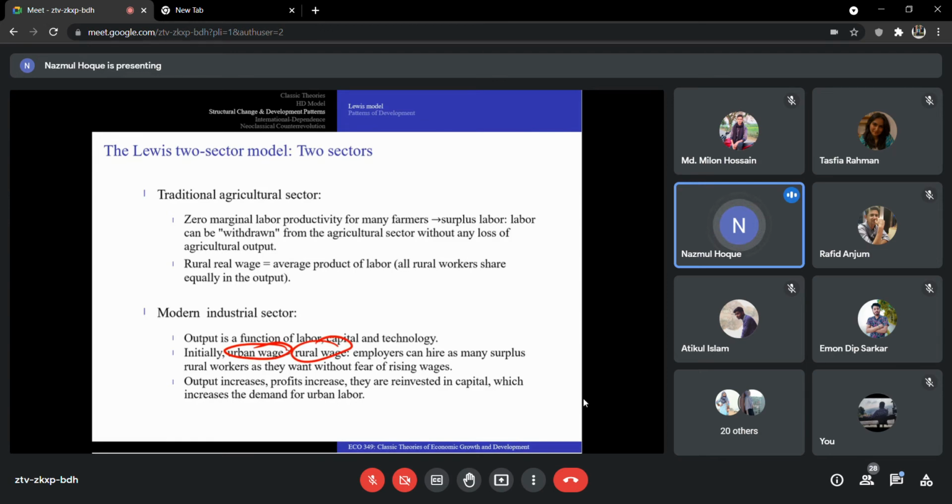Since the urban wage rate is higher, employers can hire as many workers as they want from the rural sector, and workers from the rural sector would be willing to work for this urban employer because the wage rate is higher in the urban sector.